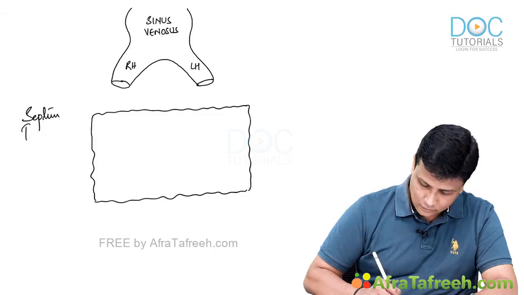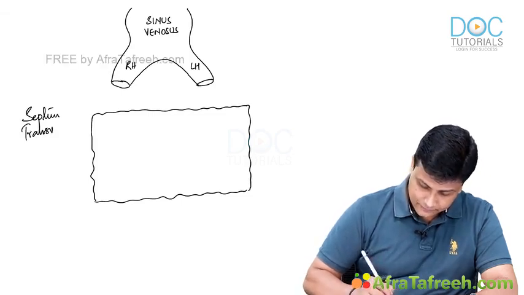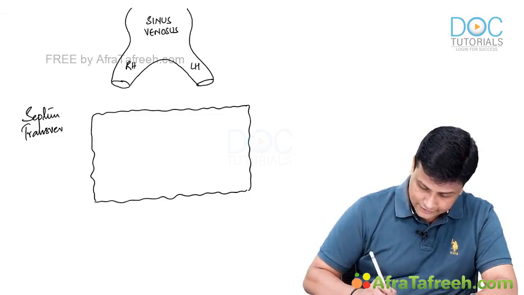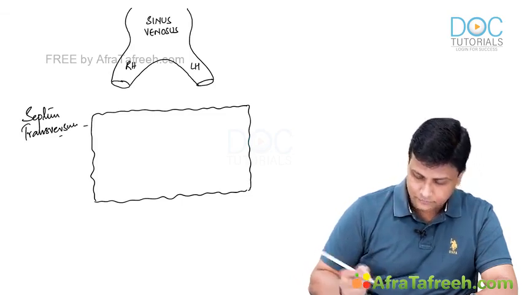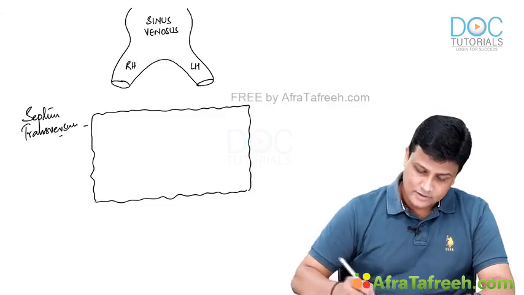Now what is the reason why I am drawing this septum transversum over here? Again recall the four derivatives of septum transversum, guys. What is this septum going to form?